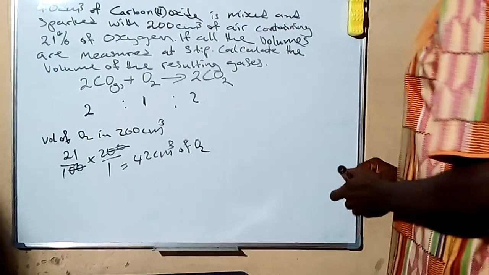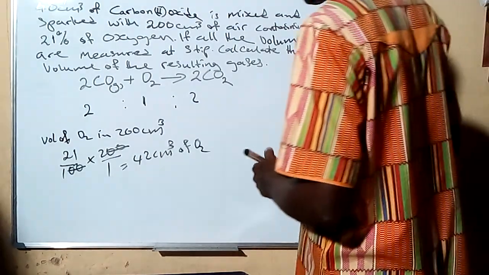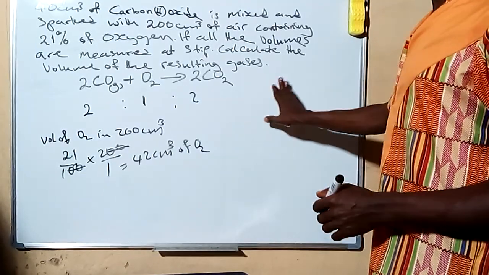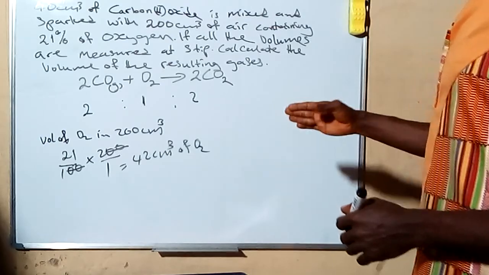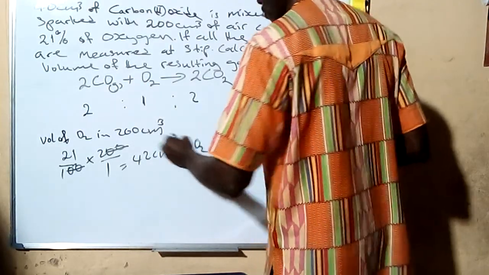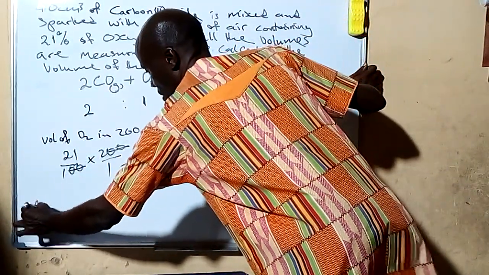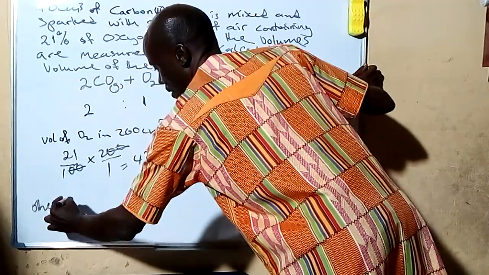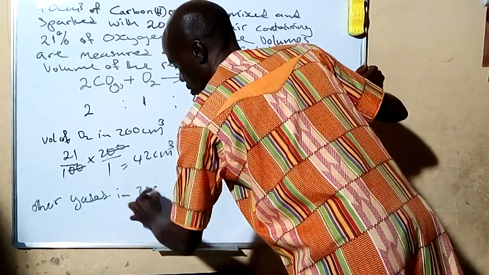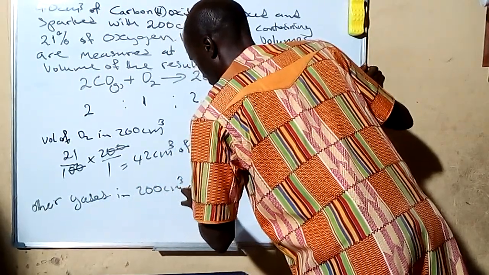The other gases there are not going to take part in the chemical reaction because they don't support combustion. So in that case, we can also get the volume of the other gases in 200 cm³ of air.